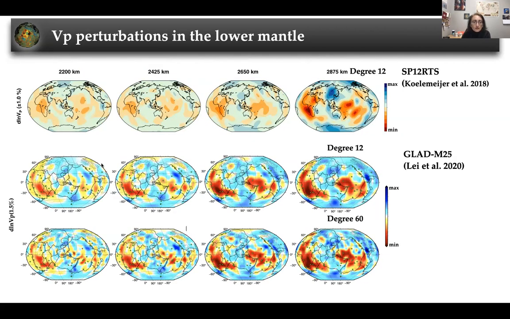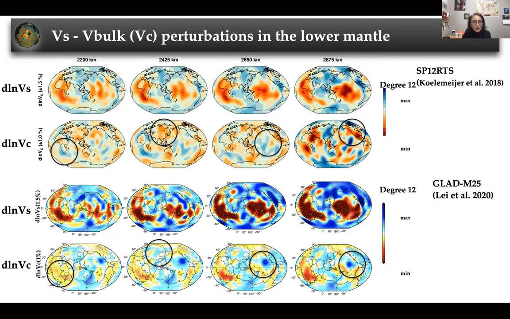And this is VP, P-wave velocity perturbations, where things become a bit more complicated. Instead of P-wave speed, here I compared bulk sound speed, because there are also discussions about core-mantle boundary structure, that there's an anti-correlation between S-wave speeds and bulk sound speeds, which directly tells us about the potential composition or thermal variations at the core-mantle boundary.